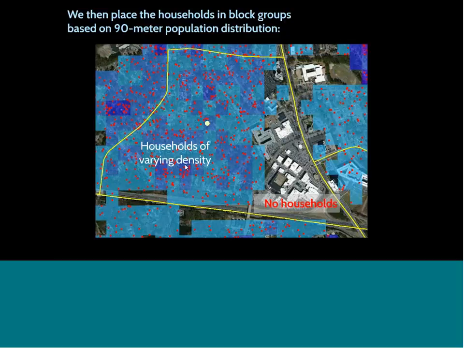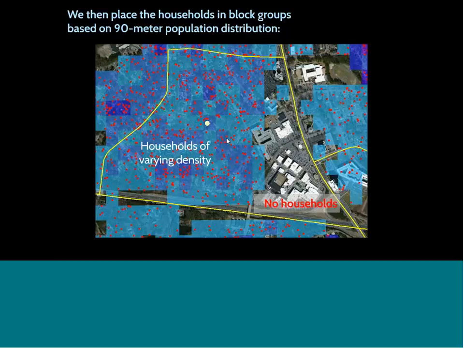So where there's a higher density identified in the gridded data, we put more households there. Where there's no households, like the shopping mall over here, where it says no households, we don't put any dots. So instead of just randomly locating all the dots within a block group, we use this high-res population density to put the dots where households actually are.